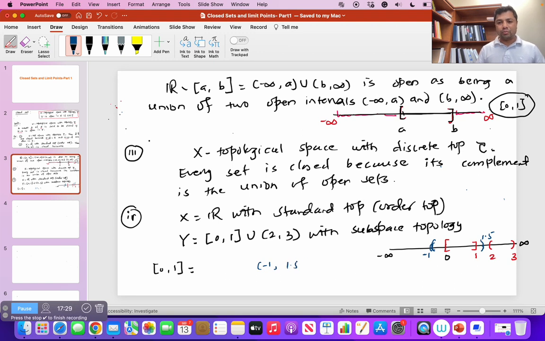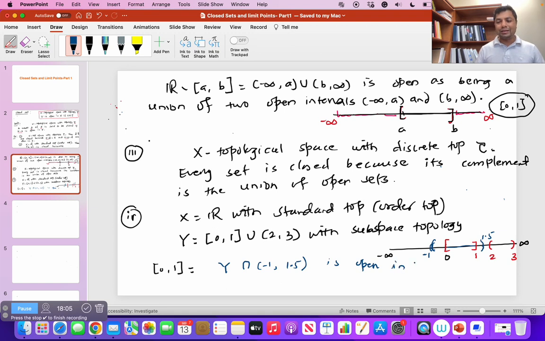If we take the intersection of this with Y, then obviously we get the interval 0 to 1. So we have written this interval as the intersection of Y with an open set in the standard topology. That means, by the definition of subspace topology, this interval is open.